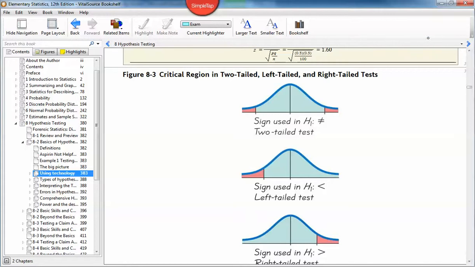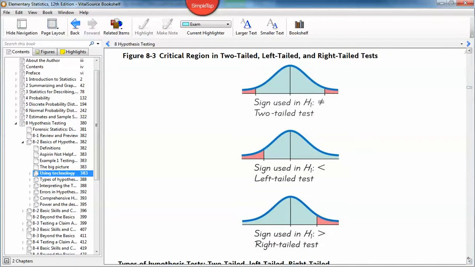Here's another very, very important thing about these tests. We need to know, is the test a two-tailed test, a left-tailed test, or a right-tailed test? That's very important for finding the critical value or for finding the p-value.